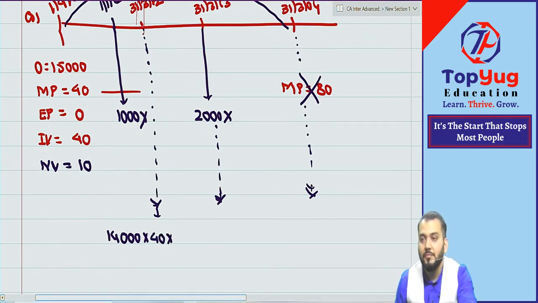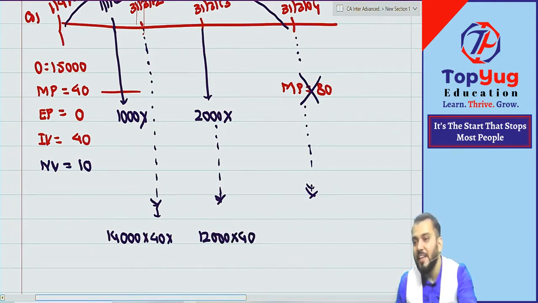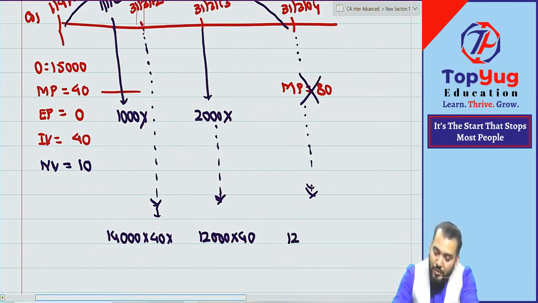But for the second year, how many options will you take? 14 minus 2, so 2,000 withdrawn, and it becomes 12,000. What is the value of option? 40. And the third year you will take 12,000 options only, so actual is also 12,000. 12,000 into 40. Got it?